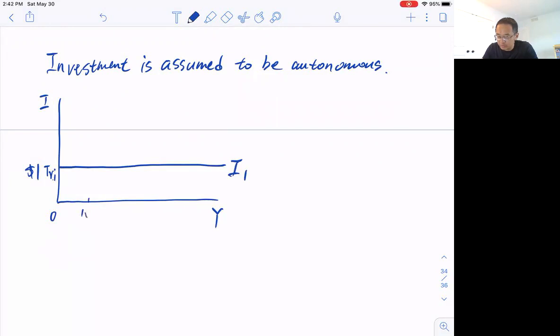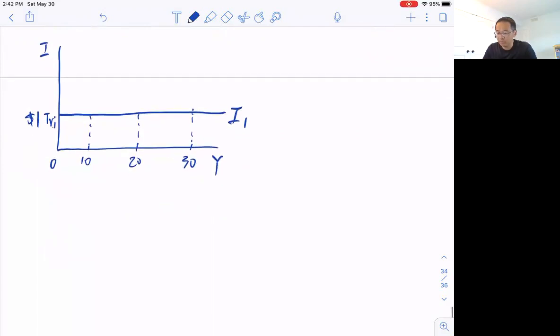Real GDP can be 10 trillion, 20 trillion, 30 trillion. Doesn't matter where real GDP is, firms are going to invest 1 trillion. So investment is assumed to not be affected by real GDP, by Y.